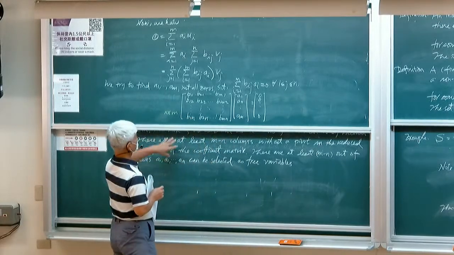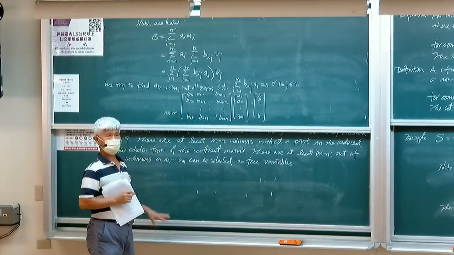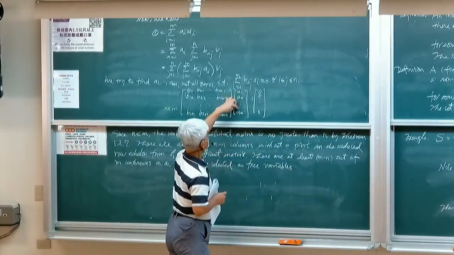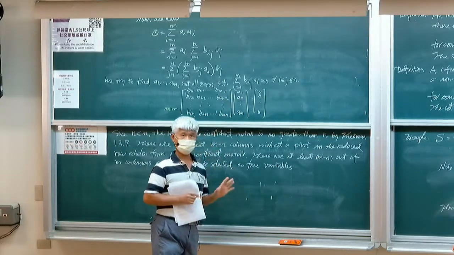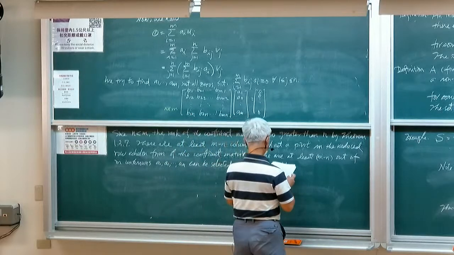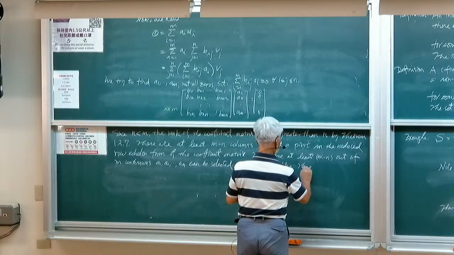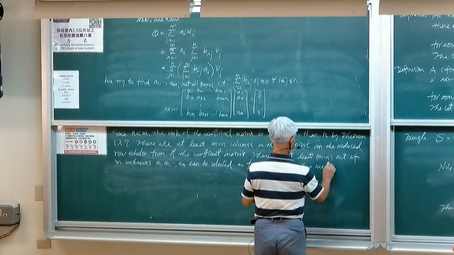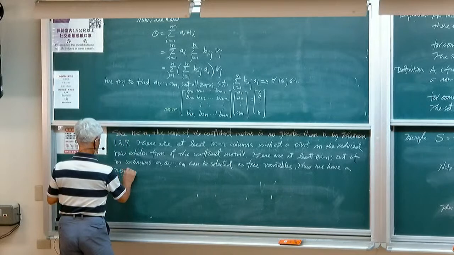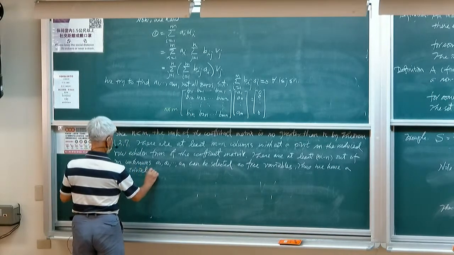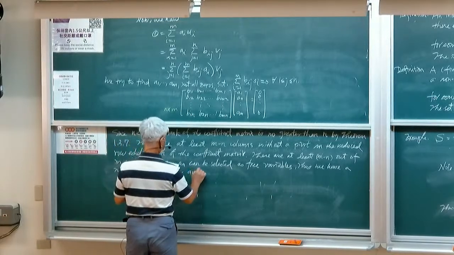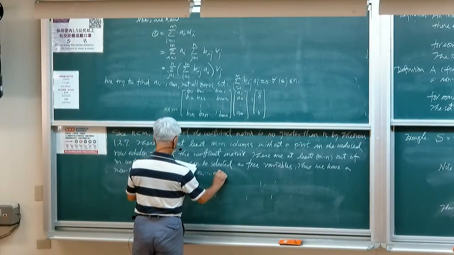So the solution is non-trivial, because at least m minus n of the unknown a_i can be selected as arbitrary. Free means arbitrary, right? So we have a non-trivial solution for a1, a2 up to am.